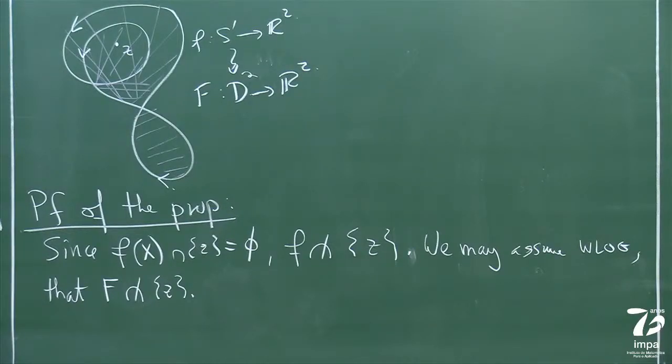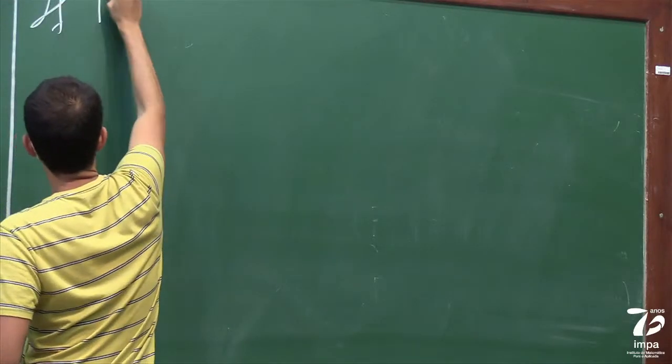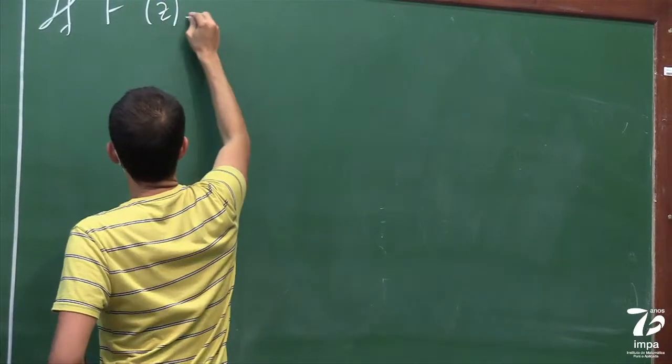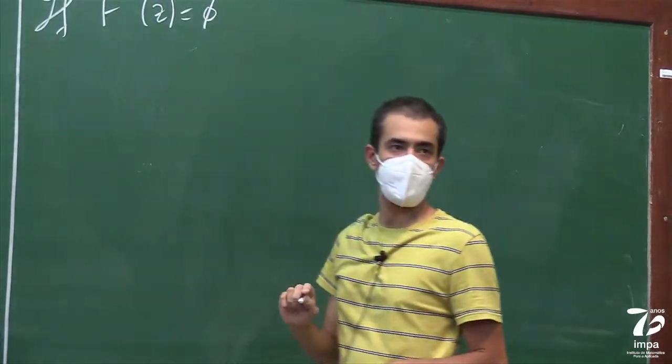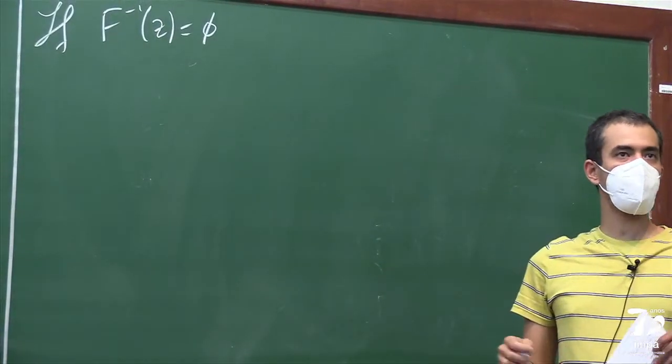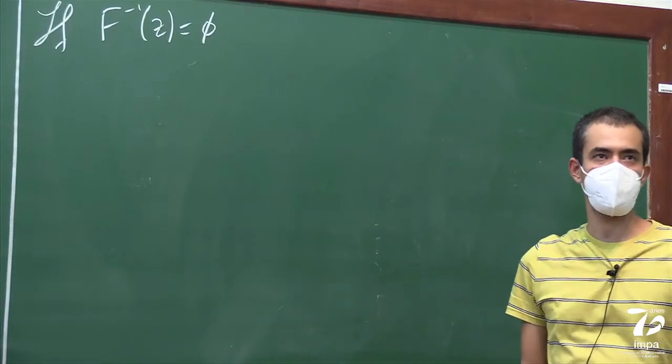So I guess the first case to consider is if capital F inverse of z is the empty set. Then you can take that map u and extend it to the whole disk.